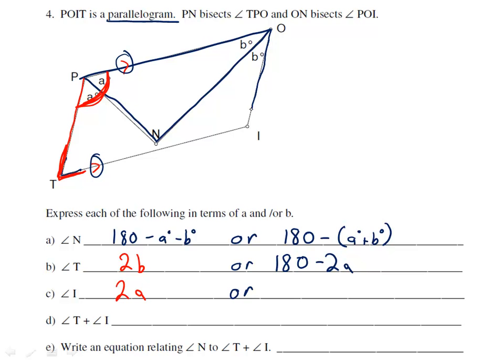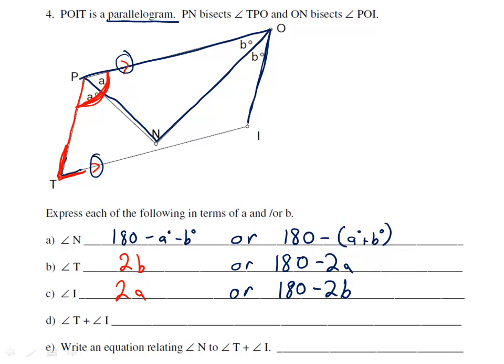This would be a transversal between those parallel lines. Therefore, the two angles that are on the same side of the transversal, which would be angle POI and angle I, are inside the parallel lines, interior. They're supplementary. So 2B plus angle I equals 180. Parallel lines form supplementary interior angles on the same side of the transversal. So the other way we can express this is 180 minus 2B.